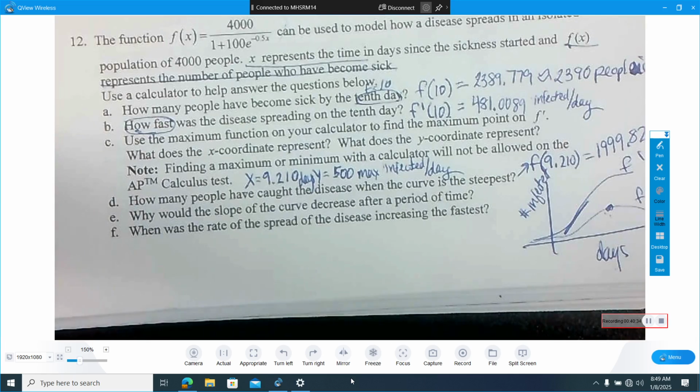When is the rate, so that definitely means another derivative, of the spread of the disease increasing the fastest? So that is another derivative to know when it's increasing the fastest. It's a rate of a rate of a rate. It is the triple derivative. That's kind of crazy.